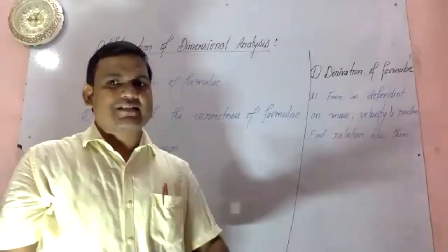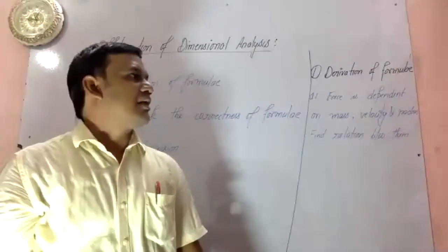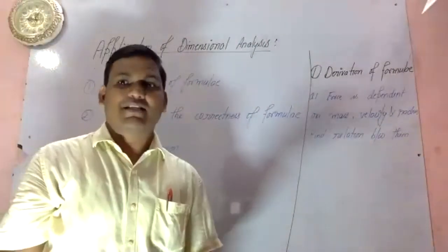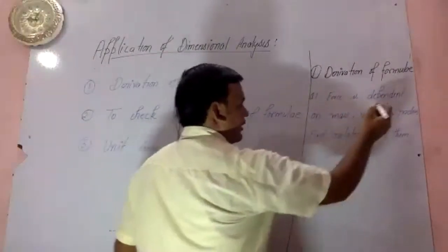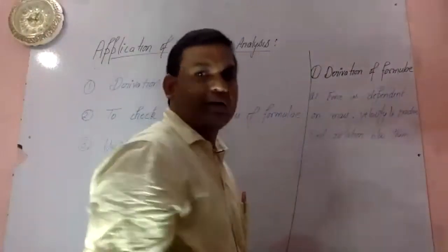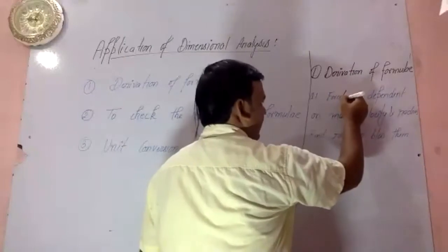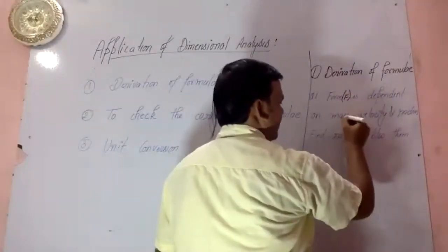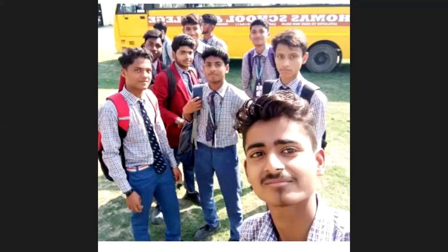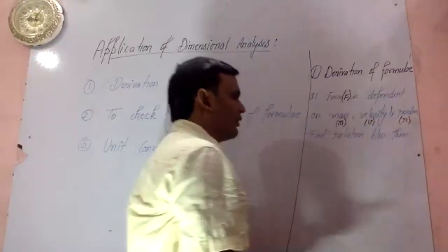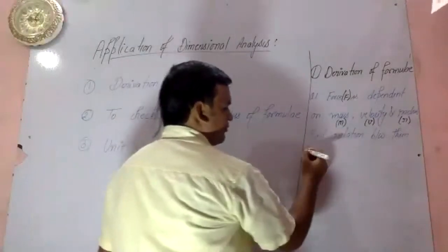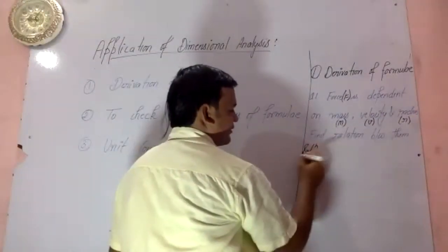These things will be calculated using the dimensional analysis concept. Let's say the force is F, the mass is m, the velocity is v, and the radius is r. You have to assume the solution will be like this.